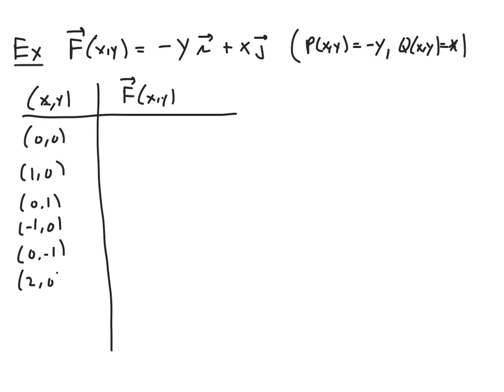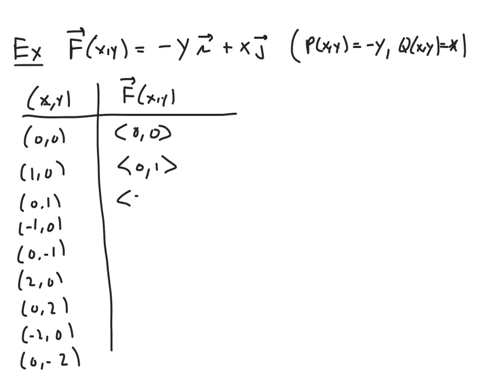So we could look at 2, 0, 0, 2, negative 2, 0, and 0, negative 2. And at least for some representative purposes, this is good enough. And so for the vectors here, we're just going to look at the first component being negative y and the second component being x. So this is quite easy to do.